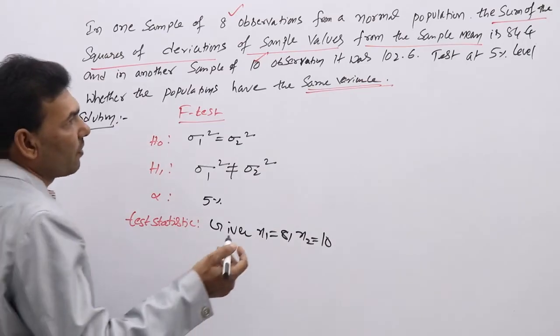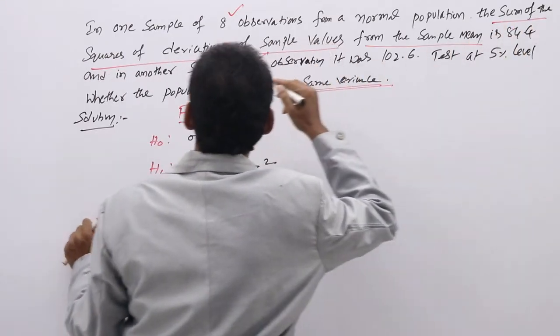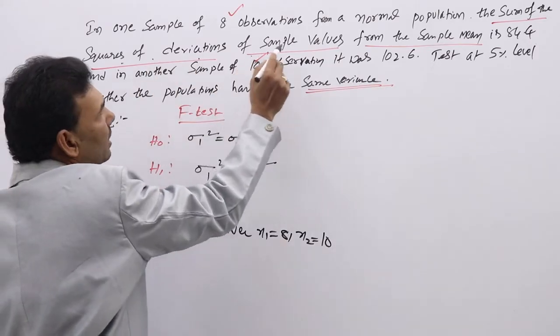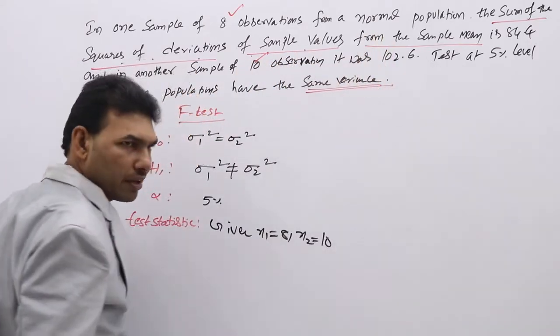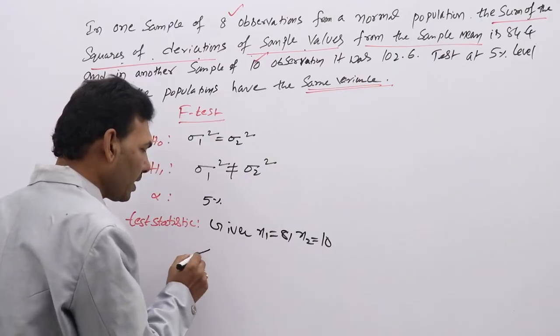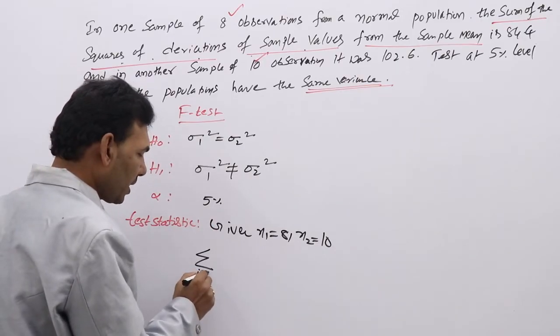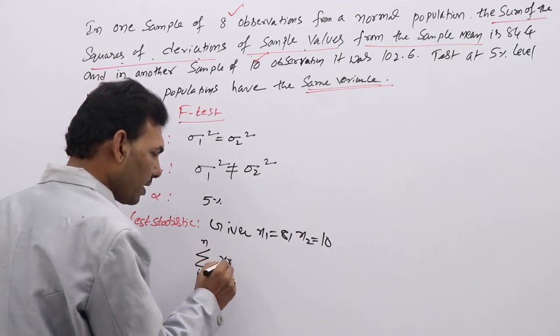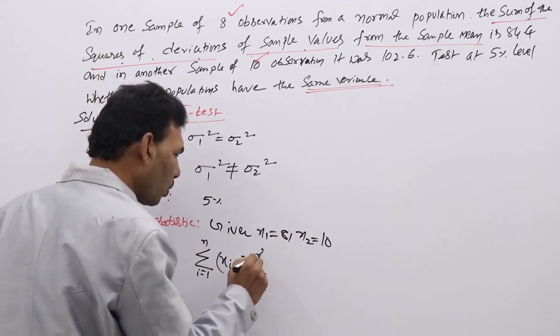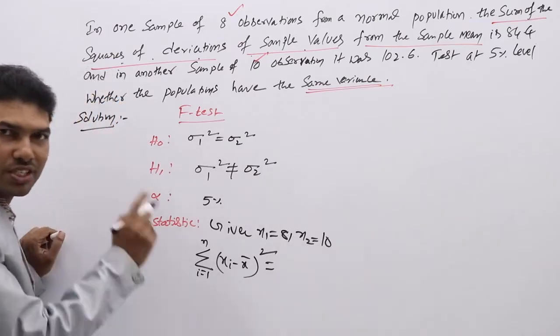Now what is given? The sum of squares of deviation of sample values from sample mean. It can be represented in symbols like this: summation i equal to 1 to n, (xi minus x bar) whole square is given for the first sample.